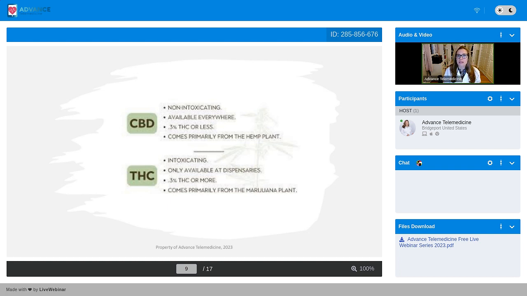It's available in gas stations, airports, convenience stores, the CBD store, beauty stores, all over the place. In order to be sold, it can have a little bit of THC in it because, again, that's part of the plant, but it needs to be less than 0.3% THC to be sold legally. And again, it primarily comes from the hemp plant.